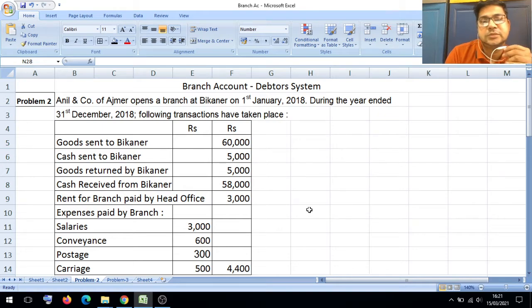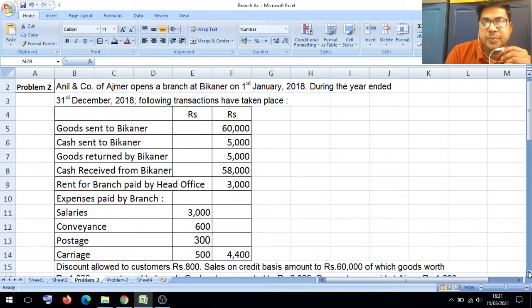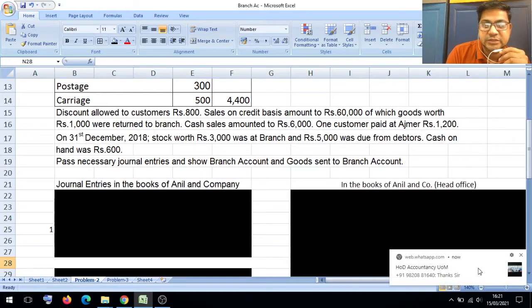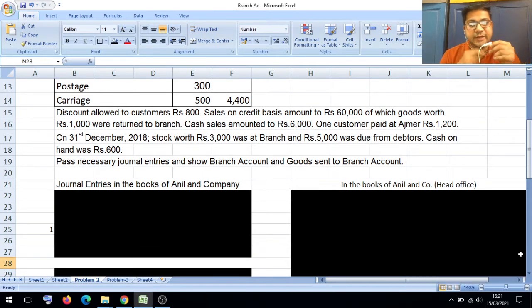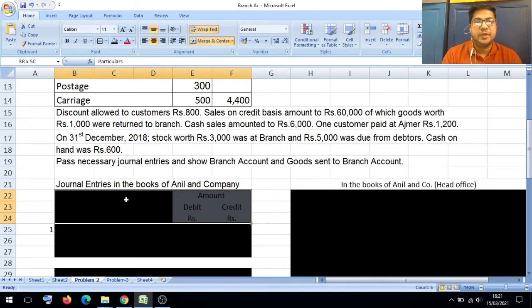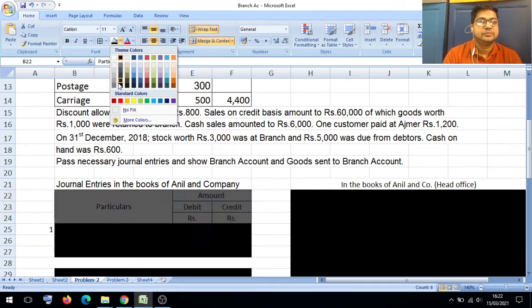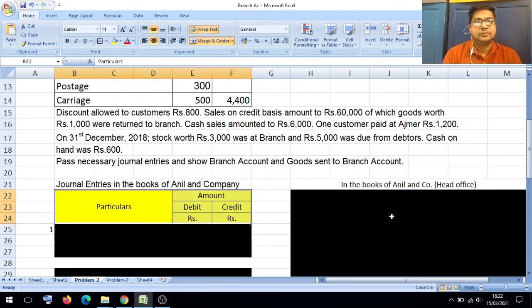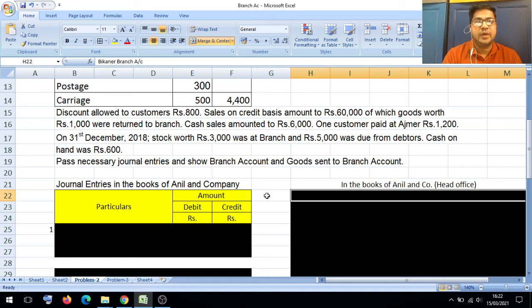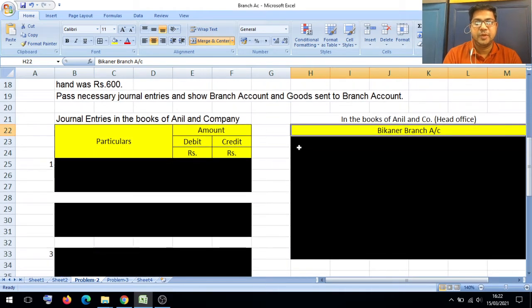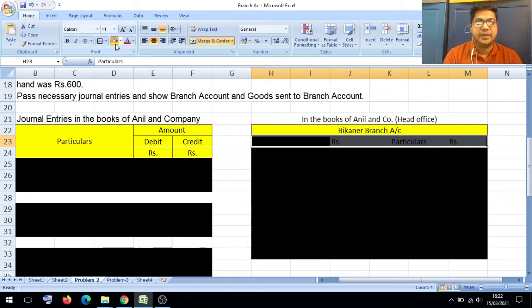Now friends, we will prepare general entries in the books of Anil and Company, and we will prepare ledgers in the books of Anil and Company, that is, the Bikaner branch account ledger, separately.